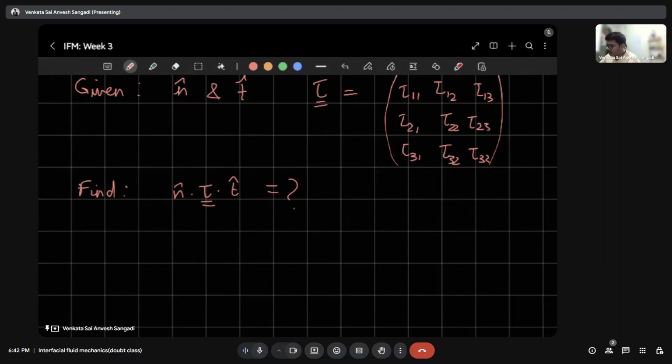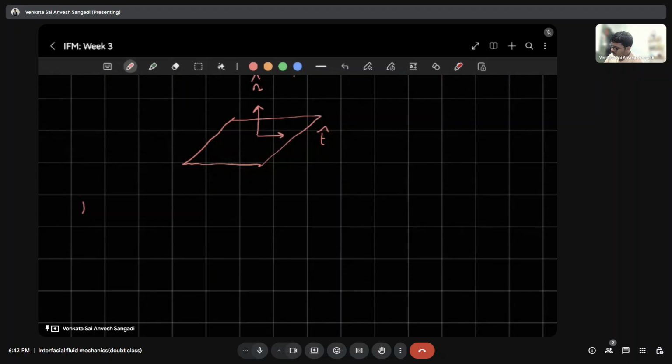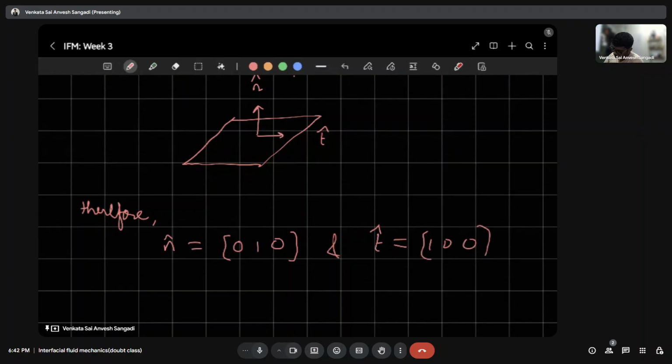For the given surface, the normal is in this direction and the tangent is in the x direction, therefore n hat is equal to 0, 1, 0, and t hat is again 1, 0, 0.